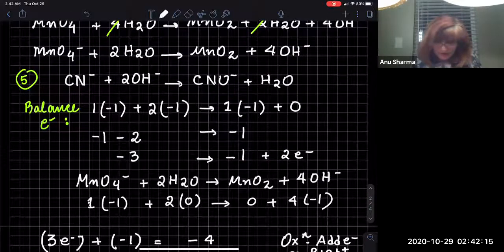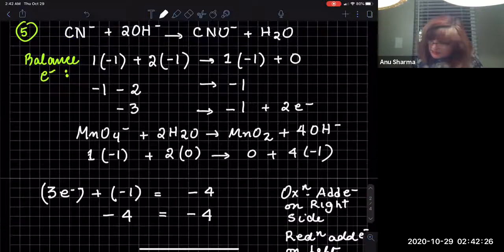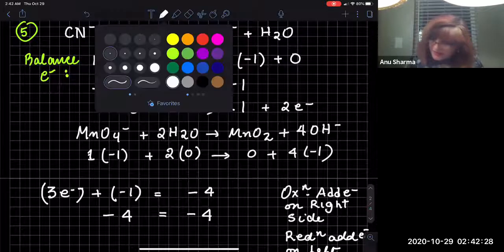So what do we do now? The 3 electrons really means that you are going to now balance this whole thing. So let's write this down again. A lot of writing.